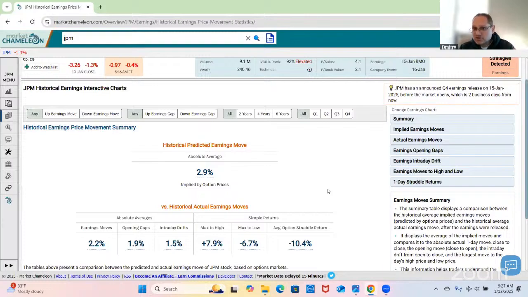So that's the average, right? That doesn't mean every time $100. Could have been instances you lost everything. There are instances you could have made or lost a little, but that's the average, negative 10.4%.